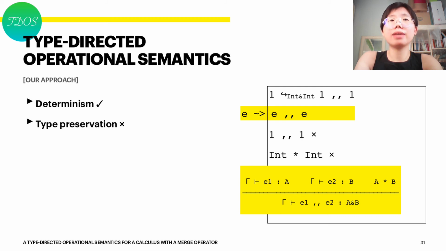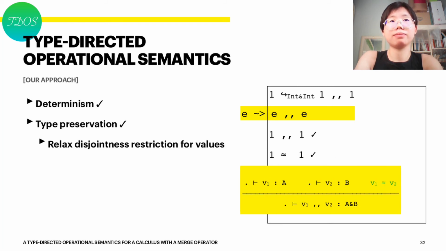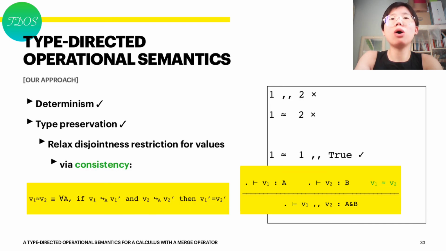Therefore, we add another rule that relaxes the disjointness constraint for merged values. This consistency checking ensures that when the two components of a merge coincide on types, the overlapping parts are always equal. That is to say, if they can both reduce on the one type, you are free to choose either result without worrying about non-determinism.